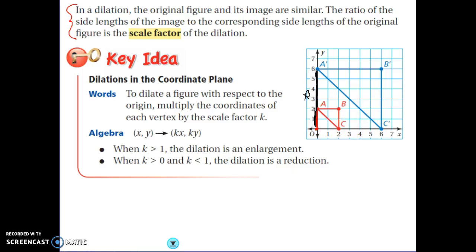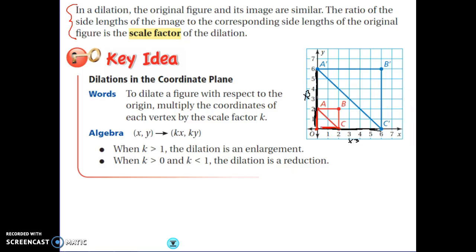I can look at the horizontal values as well. From the origin to point C, that is 2. From the origin all the way over to my new C or C prime, that is 6 units, meaning I took that shorter distance and I multiplied it by 3 as well.